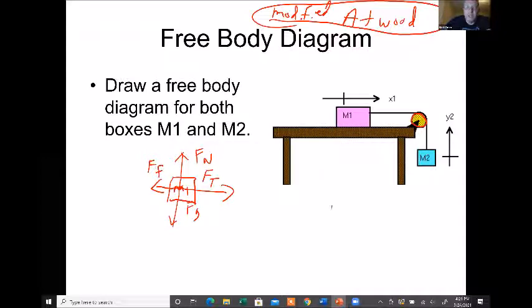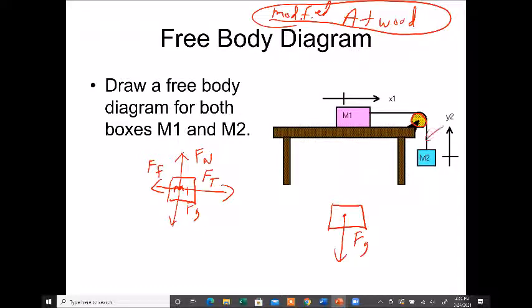For M2, a little bit more simplistic. What do we have acting on M2? Gravity, so FG. And what's the other force? You've got tension, some tension in the rope, right?